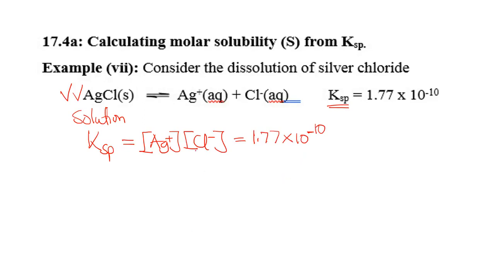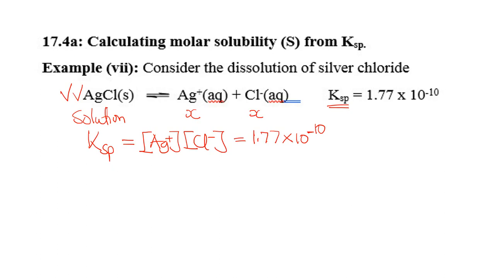Now, if we look at the chemical equation above, if a certain amount of silver chloride dissolves, we'll say it will form X of the silver and X of the chloride ion, because this reaction is 1 to 1.